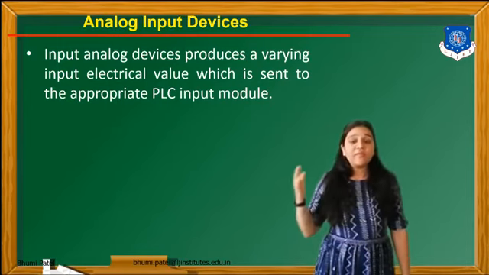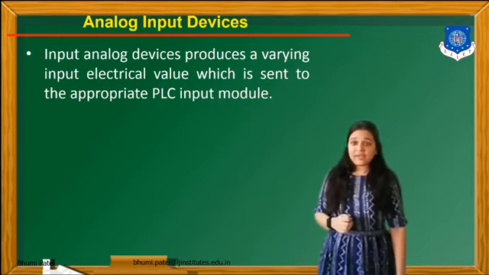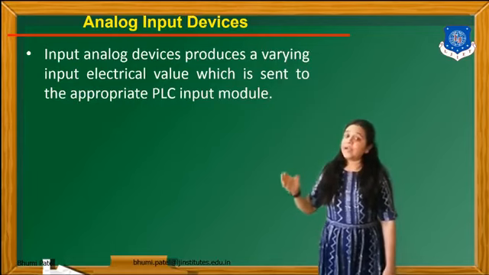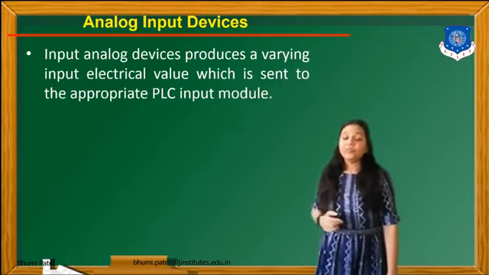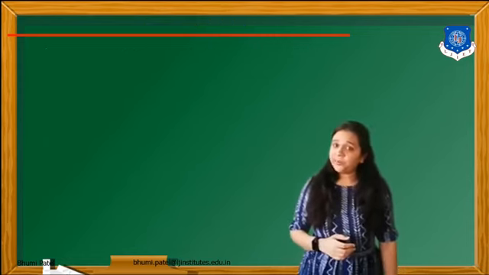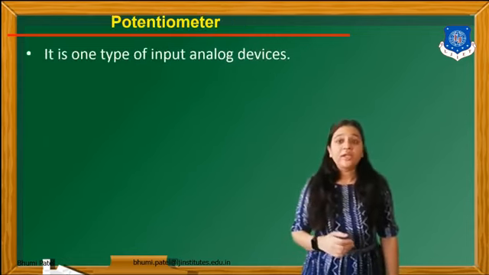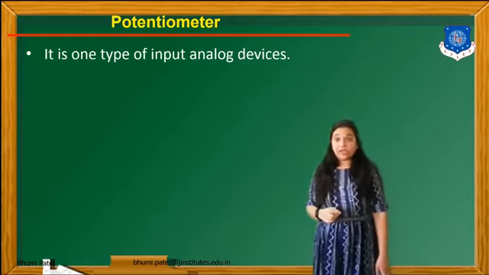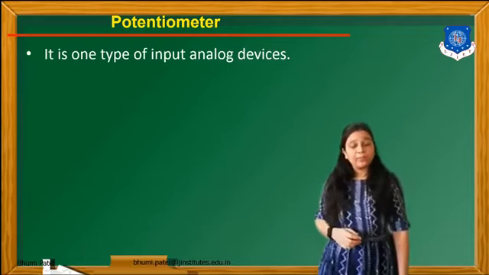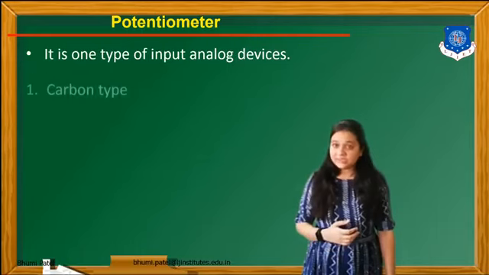So what is the function of the input devices? Input analog devices produce a varying input electrical value which is sent to the appropriate PLC input module. Here we can take one example, the potentiometer. It is one type of input analog device, as we discussed earlier.